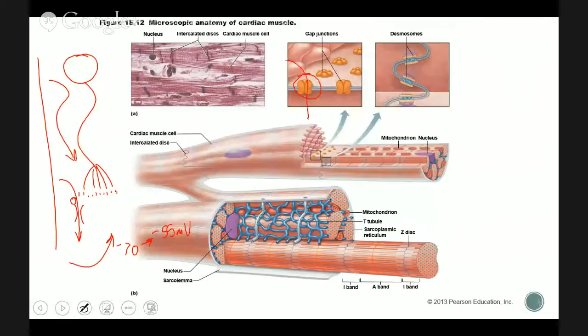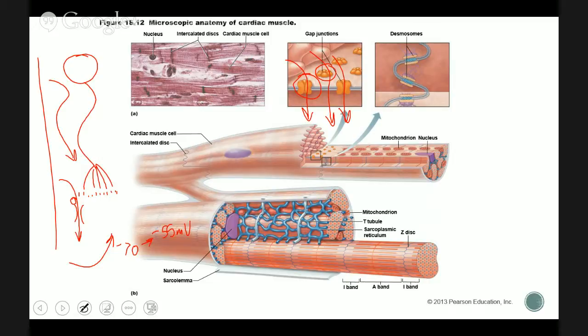And so the ions just directly pass right through them into the nearby tissue, or the cell next to it, I should say. And so you get the direct passage of ions from one cell to the other, causing a very rapid change in the membrane potential, which allows for a much more rapid action potential.